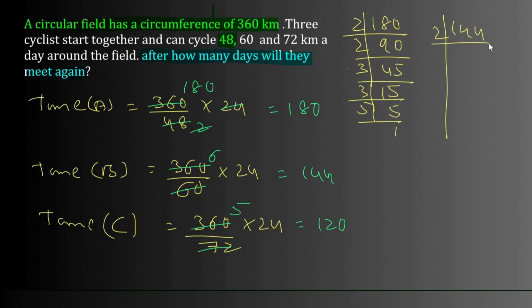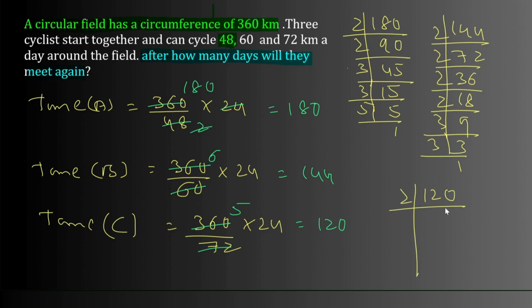So this is 2 times 72, 2 times 36, 2 times 18, 2 times 9, 3 times 3, and 3 times 1. We have one more number, that is 120. Same here, we are going to do prime factorization. This is 2 times 60, 2 times 30, 2 times 15, and then 3 times 5, 5 times 1.